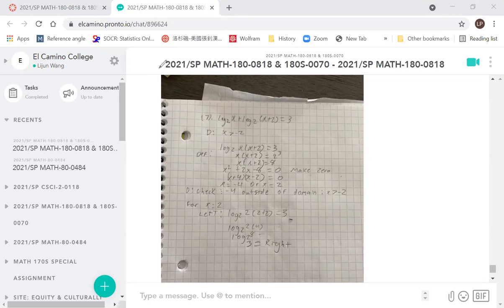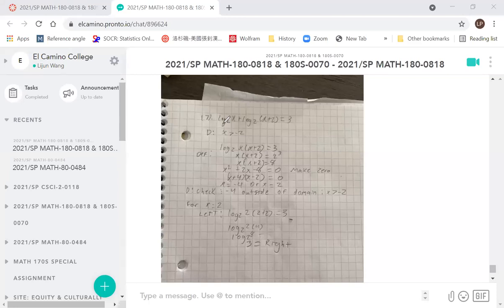When we set up to find the domain, your domain is x larger than -2, is that right? Yes. But how do you take care of log base 2 of x? According to you, x larger than -2, and 0 is larger than -2. But if you plug in 0, the first one will be undefined. Do you see what I mean?